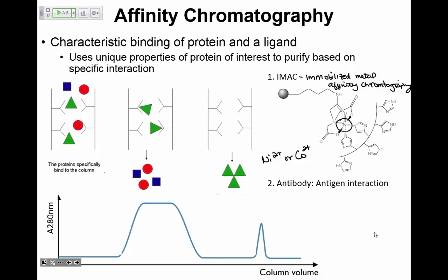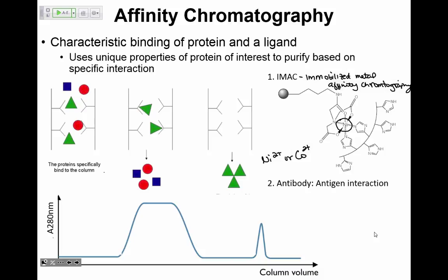Here's your resin, usually some sort of dextrose or sucrose bead, silica bead, and then it's conjugated to these amine groups and it's coordinated. All right, so this is what your stationary phase would look like. All you need to know in regards to what your stationary phase is that it has some sort of divalent metal coordinated. Okay. And it's usually nickel or cobalt.